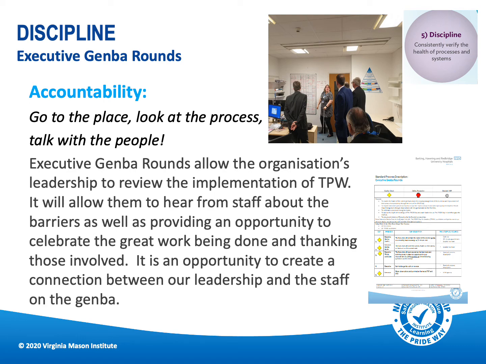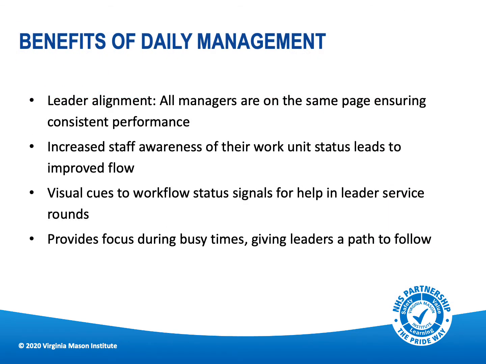To summarise, the use of daily management tools enable staff to have an increased awareness and understanding of their work areas. Visual cues in the form of RAG ratings and abnormalities allow leaders to be kept in the loop regarding things going off track or when help might be needed.